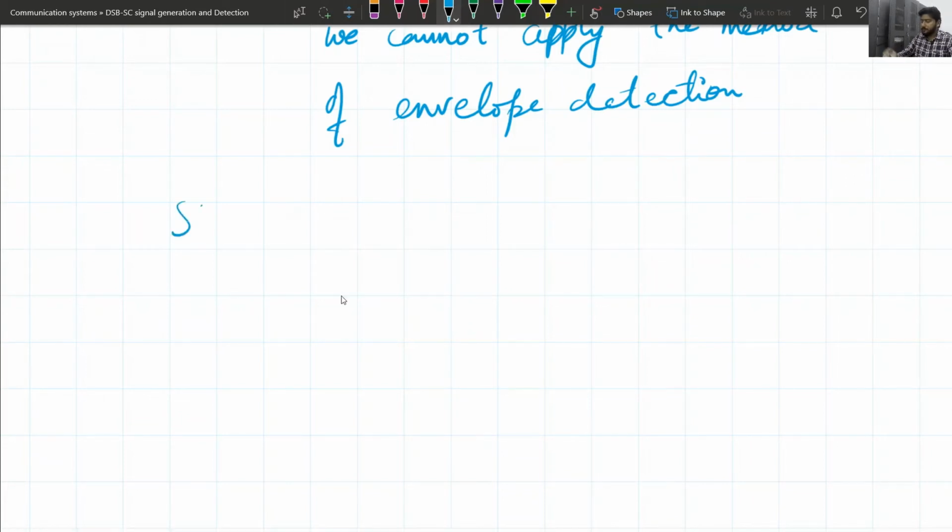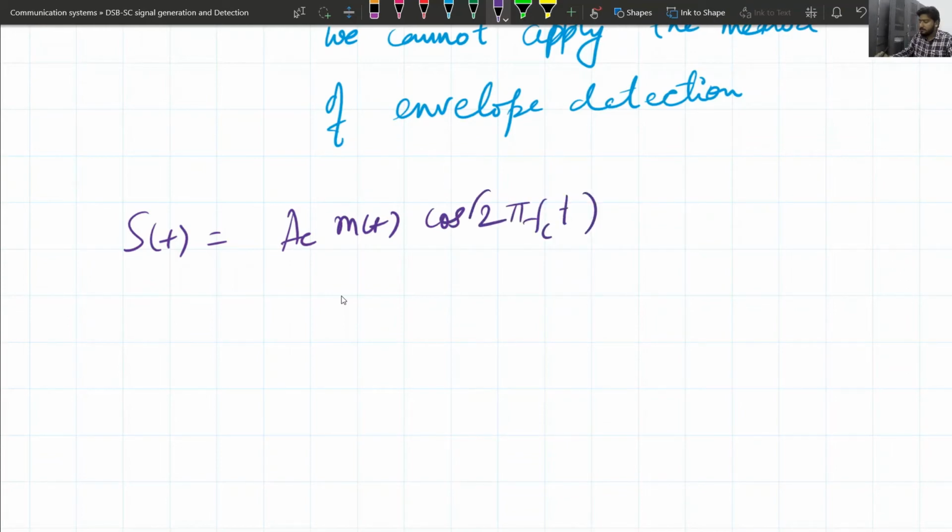So suppose, once again writing the wave here, s(t) given as this is the modulated DSB-SC wave.